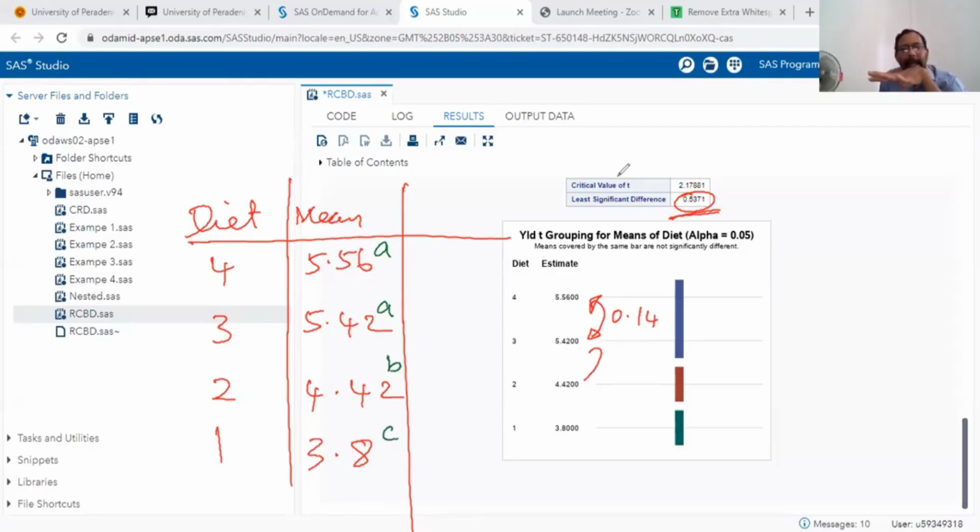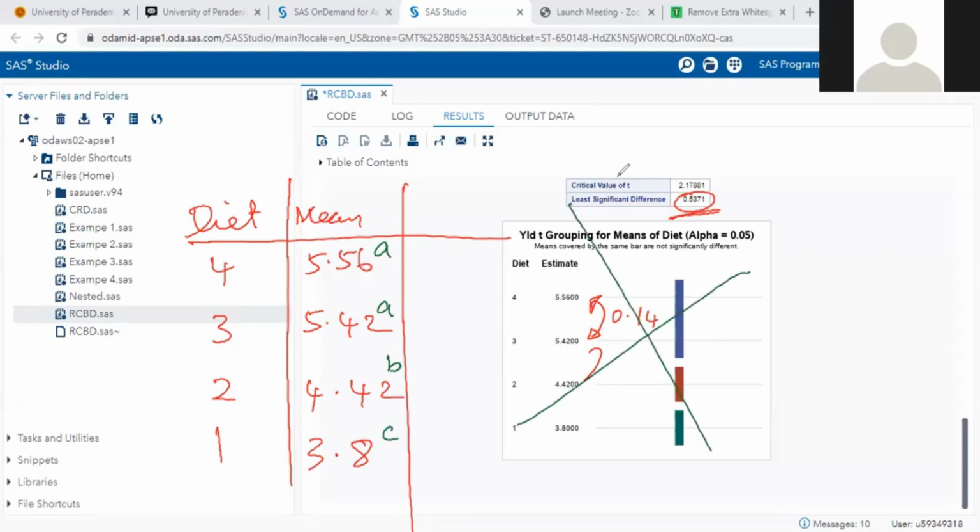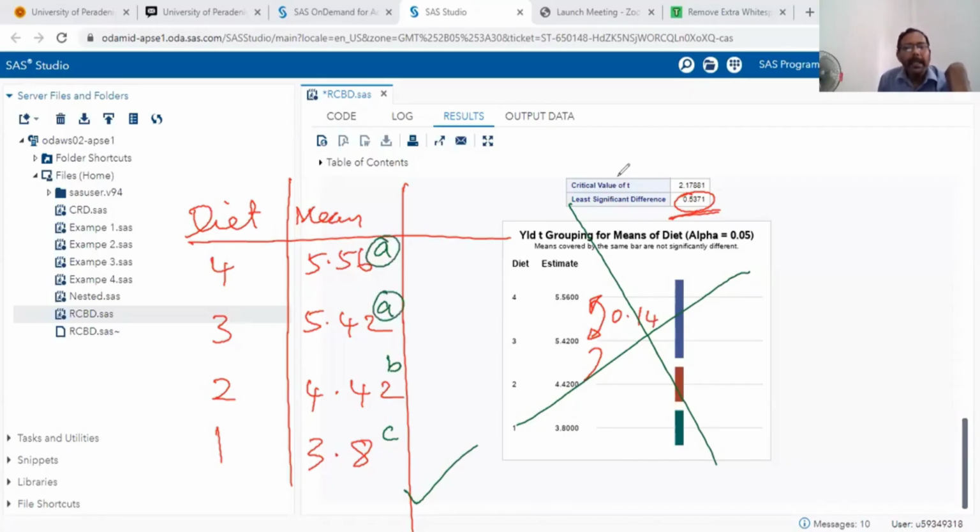Once you mark it like this, we produce this in the thesis because we need the mean value. So everybody knows that if you have the same letter A in these two treatments, that means there is no difference between those two treatments or those two diets.